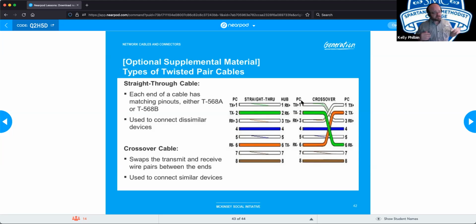So you have to actually switch those over, and you would have standard T568A on one side and T568B on the other. That way the outgoing of one would be on the incoming of the other. And that way you could directly wire two computers together or two switches. And that is called a crossover cable. You're crossing over between the two different standards, T568A to T568B.